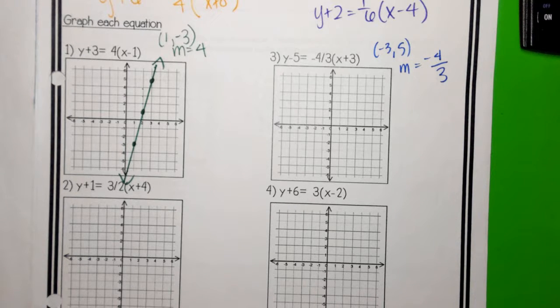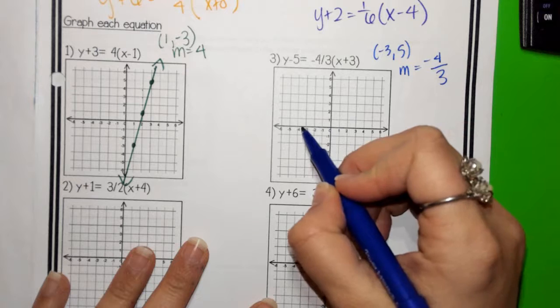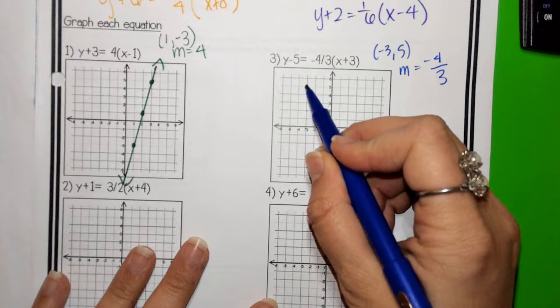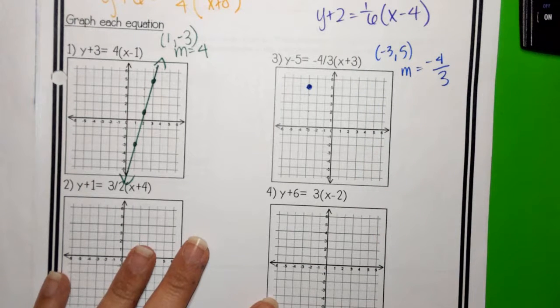Who thinks they can graph it? All right, try again. So you're gonna go to the left 3, and then you're gonna go up 5. Awesome. And then what do I do from there?